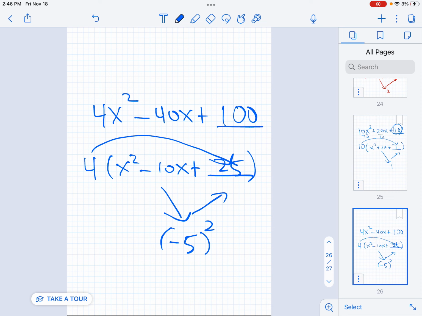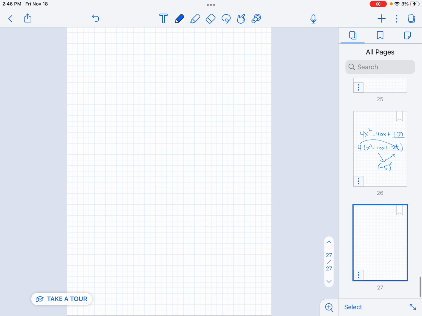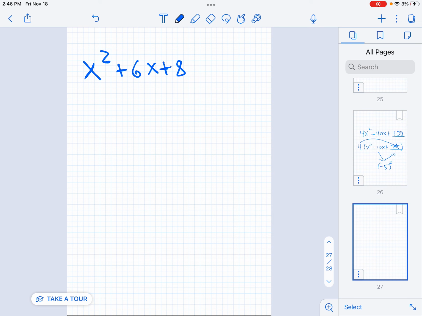Okay, the last thing we're going to talk about is finding the characteristics of a graph from the different forms. So if it's in standard form, like x squared plus 6x plus 8, then I can look at this and say, oh yeah, my y-intercept is 0, 8. So if I'm graphing this, I've got the point 0, 8. Now what if I wanted to find the graph's vertex? To find the vertex, I need to turn it into vertex form.